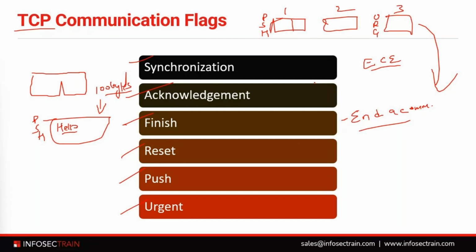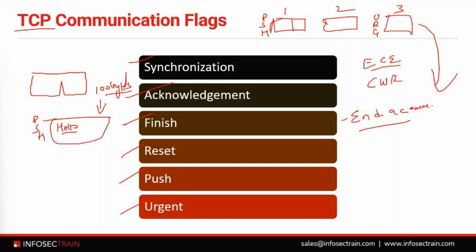ECE stands for explicit congestion notification echo, right? It is used for network congestion notification, right? So when a device or host detects congestion, it sets the ECE flag to signal this to the other host. So one device will be telling the other device that there is congestion in the network, right? There is one more, CWR, right?